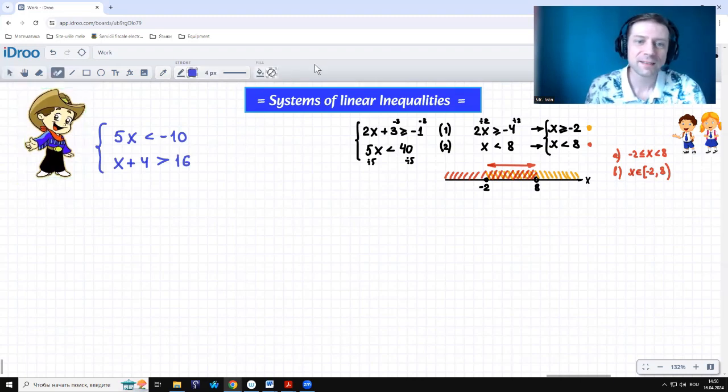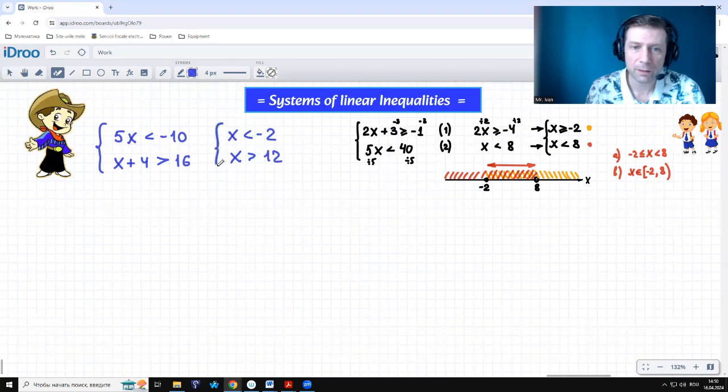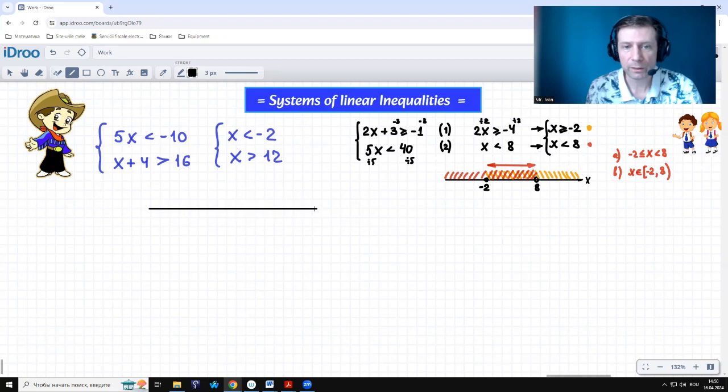Okay. Succeeded? Well, from the first inequality, we would say that x is less than -2, right? X is less than -2. From the second one, x is greater than 12. X is greater than 12. If we try drawing this stuff on a number line, we'll get something quite weird.